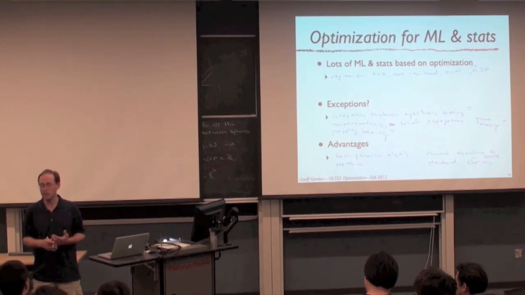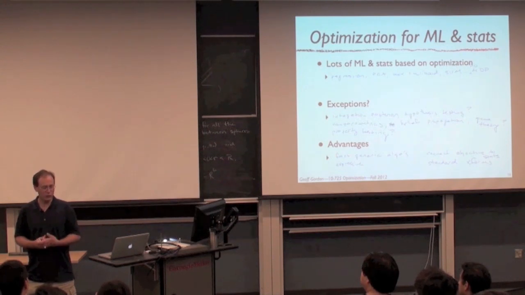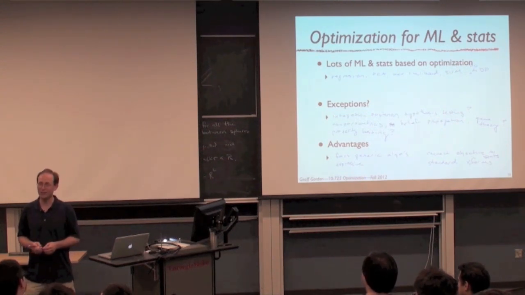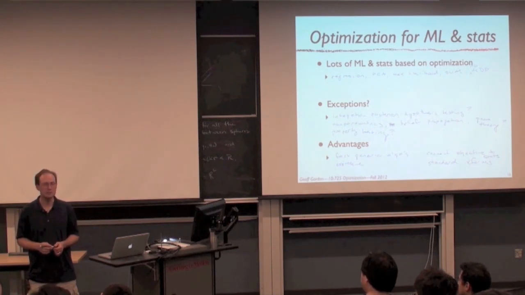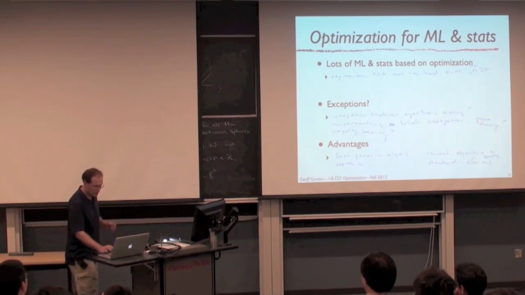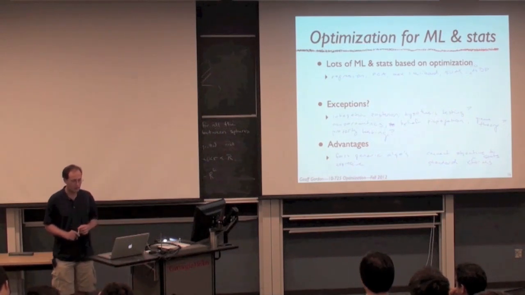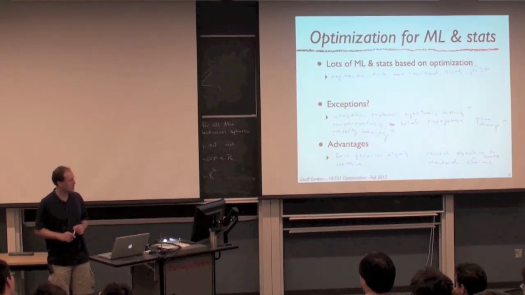Something like a genetic algorithm, a genetic search, is rarely the best answer to any problem, but it can answer a lot of problems, right? All right. So there are a lot of advantages to doing it this way, which is why a lot of people do it this way.